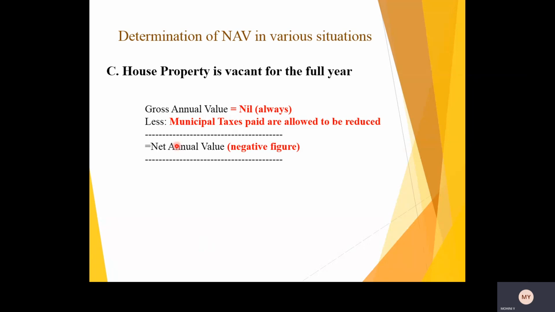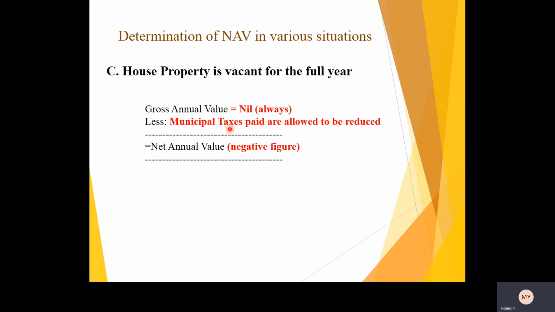Instead, what you will do, you will calculate your gross annual value as nil, that there is no value addition to your house property. Whatever your municipal value is, whatever the fair rent, standard rent are, nothing matters. Your gross annual value in this case is nil. Okay, but municipal taxes paid are allowed to be reduced.